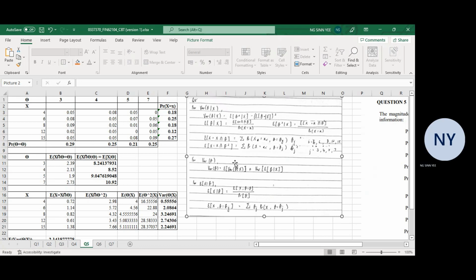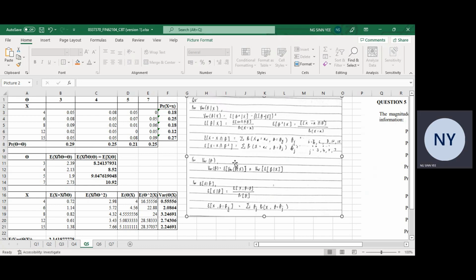For the joint expected value of x equals x and theta, we sum the joint probability of x and theta times theta. For theta squared it is similar, we just replace theta with theta squared.